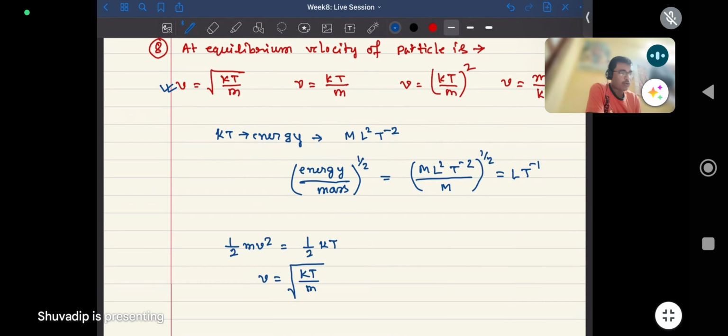Each degree of freedom will get some thermal energy, which is equivalent to half kT. So the kinetic energy will be equal to that energy. From that equation, we can calculate the velocity at equilibrium only, because the equipartition theorem is only valid at equilibrium.